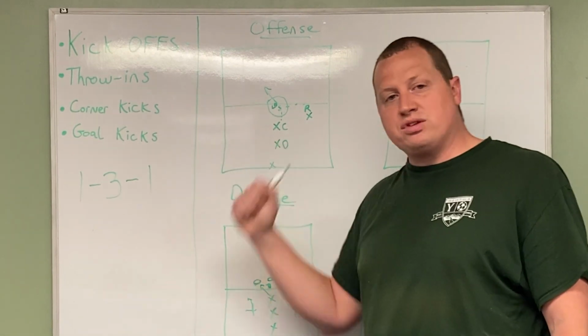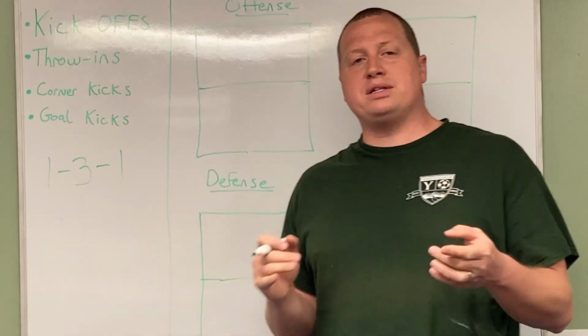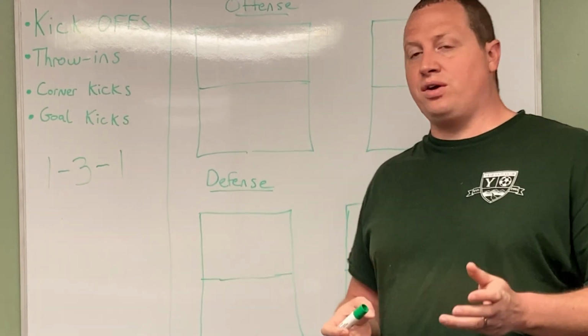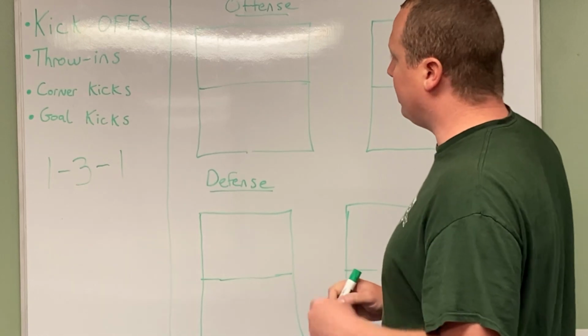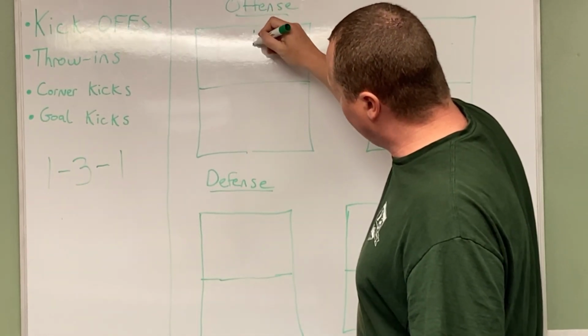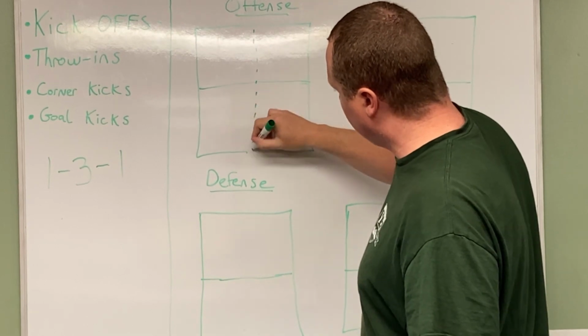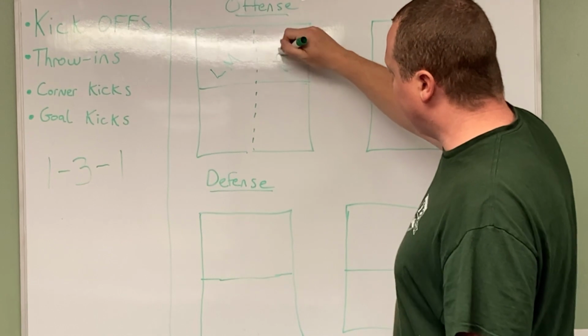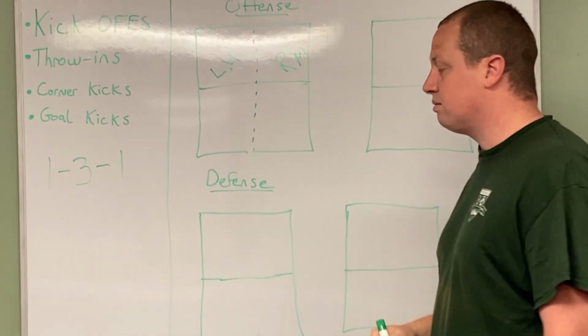So let's go into throw-ins next. Throw-ins are a little bit more tricky for kids to learn, but they can definitely learn it. So what we want on a throw-in is, let's put a line through the middle of the field, okay? So the left mid is on that side of the field, the right mid is on this side of the field, right?